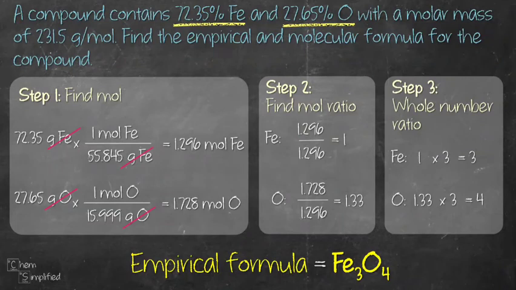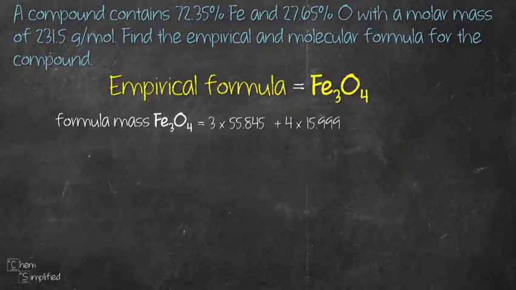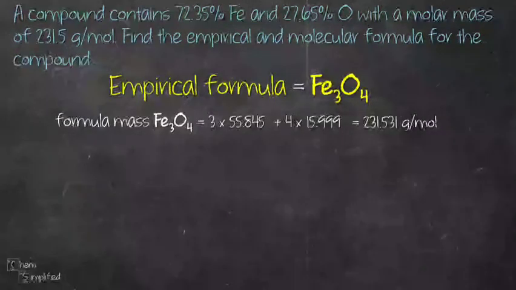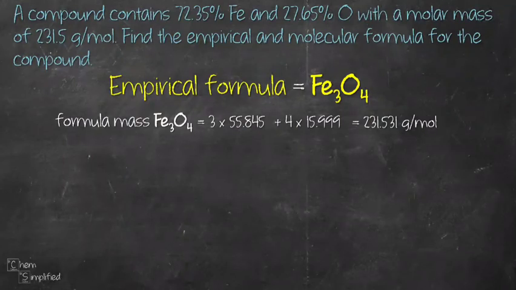Next step, we have to find the empirical formula mass. So empirical formula mass or formula mass is equal to 231.531 gram per mole.